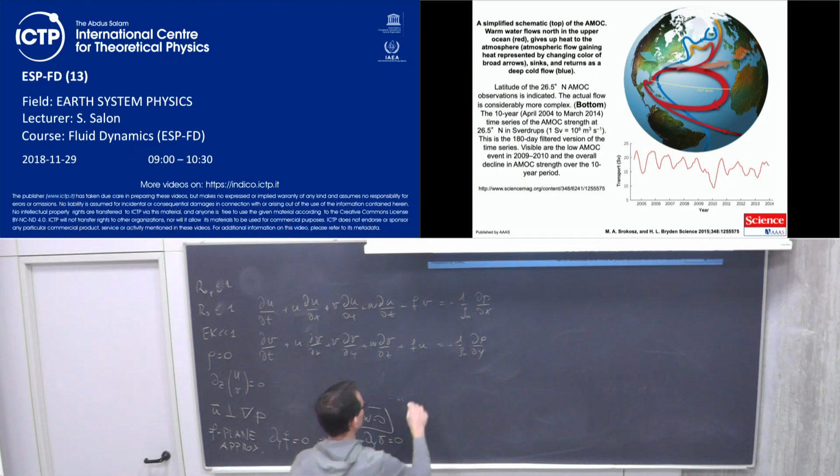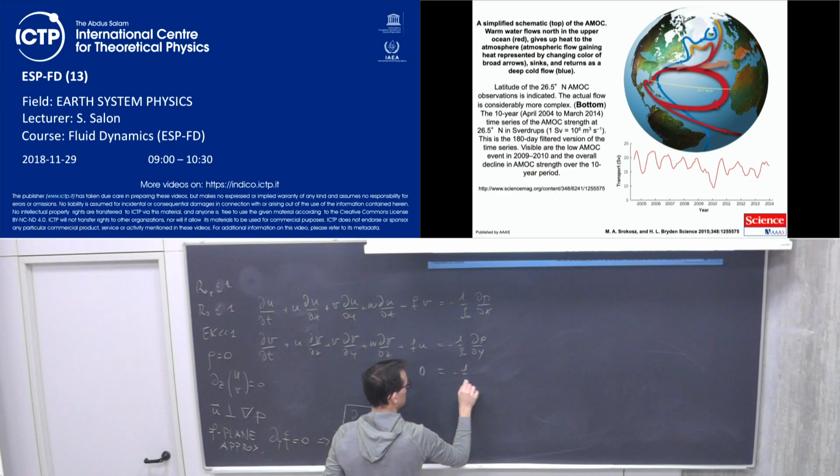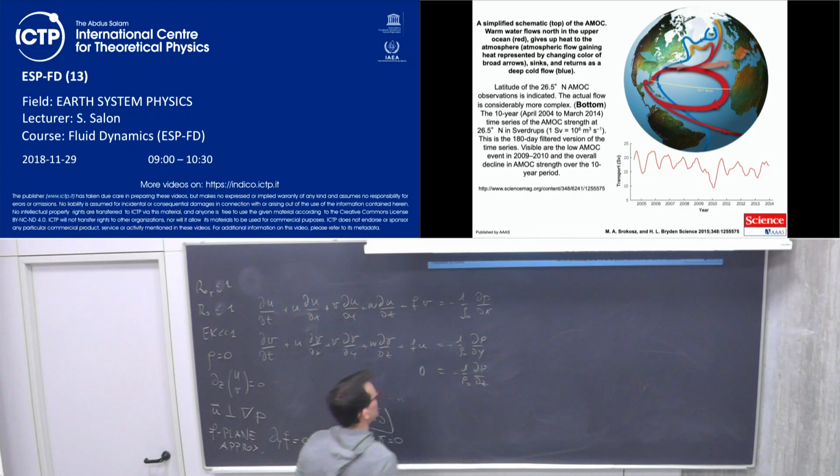Then, since we are still looking at a homogeneous fluid, the hydrostatic condition simply says the pressure is constant along the depth.